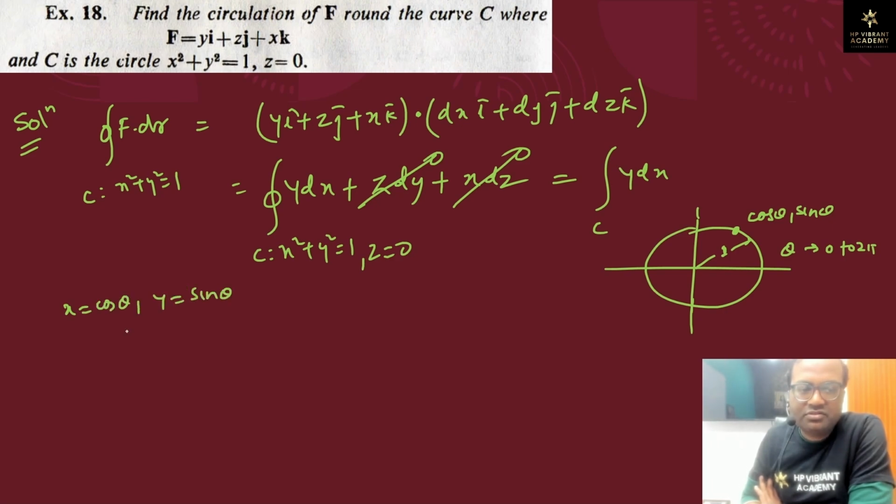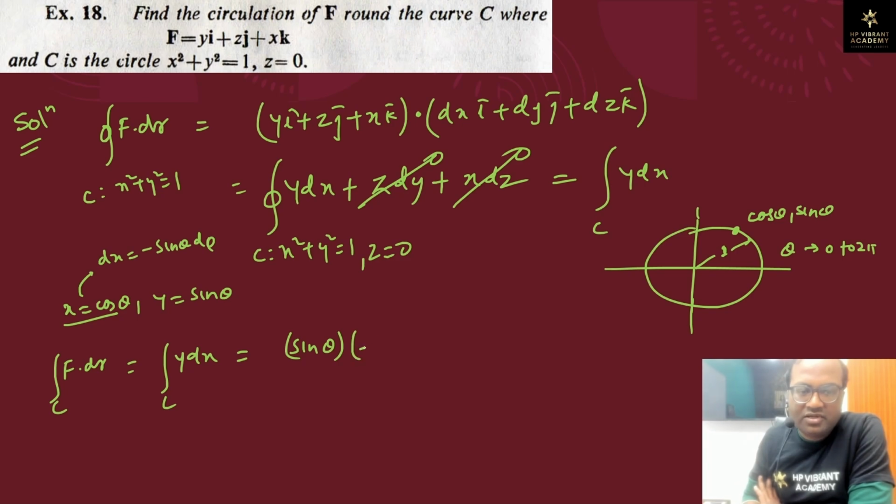From here, the circulation, the integral of f dot dr along the curve C, is equal to y dx along the curve C. The value of y is sin theta and dx is equal to minus sin theta d theta, and the limit on theta is 0 to 2 pi.